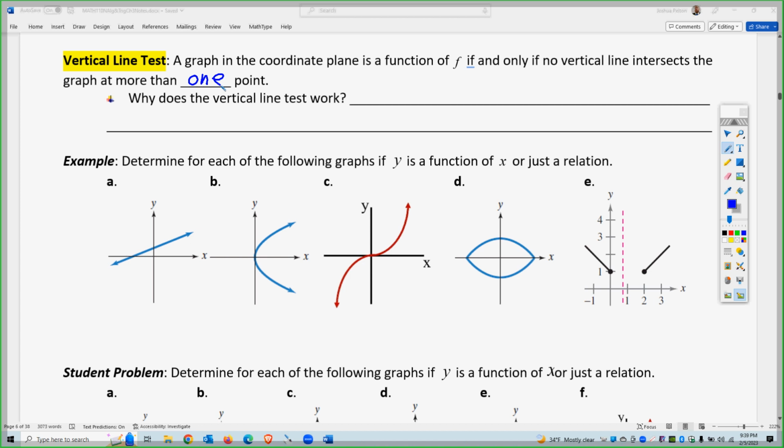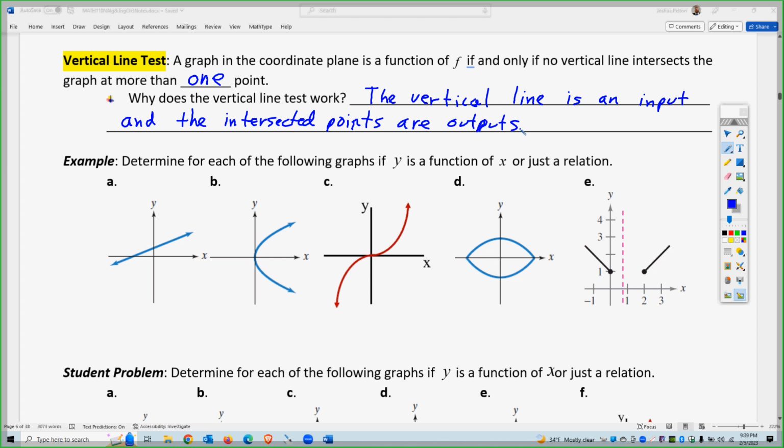Well, why does this work? Right? So the vertical line is an input, and the intersected points are outputs, right?